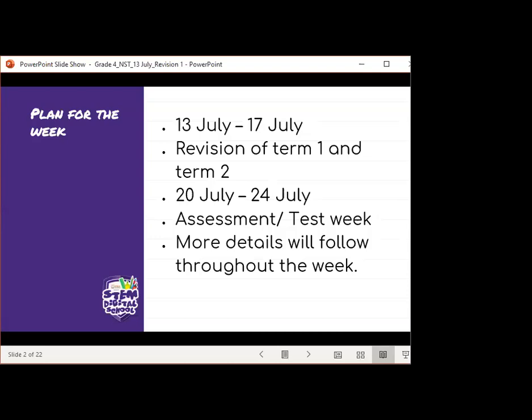This is Monday until Thursday, then Friday we're going to revise using Kahoot, and then next week from the 20th to the 24th, it will be assessment or test week. I will communicate any further developments with regards to test week and assessment week as to where you will write, how you will write, etc. I will give you those details as we go throughout the week. And Friday we will be revising using Kahoot.